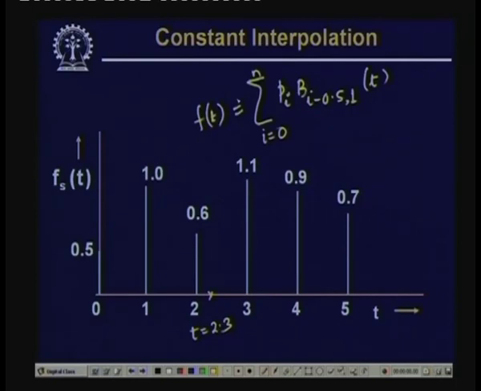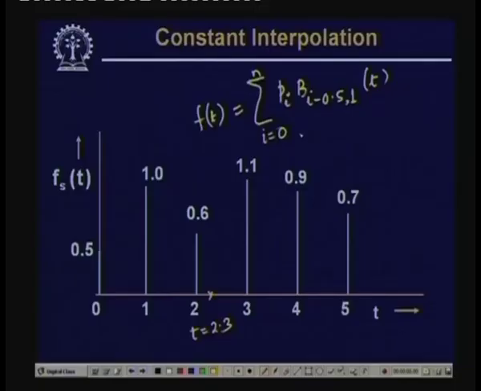So, again you find that coming to this diagram, as we have said, when I consider B_i-0.5(t), in that case b_-0.5,1(t) is equal to 1 between the range minus 0.5 to plus 0.5, and beyond this range b_-0.5,1(t) will be equal to 0.